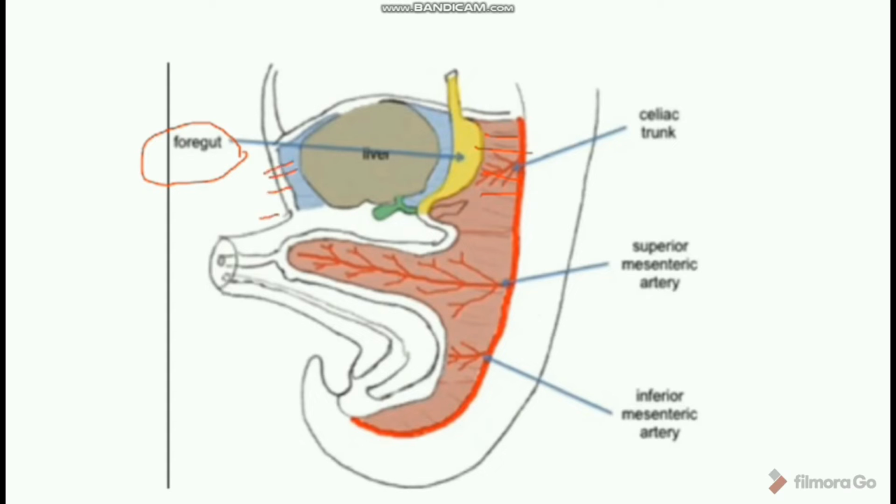Because you can see the rest of the gut tube, which is the midgut and the hindgut, has no other viscera growing in front of them, so there's nothing more to support. But here in front of the stomach you have this big important organ, the liver, growing in.